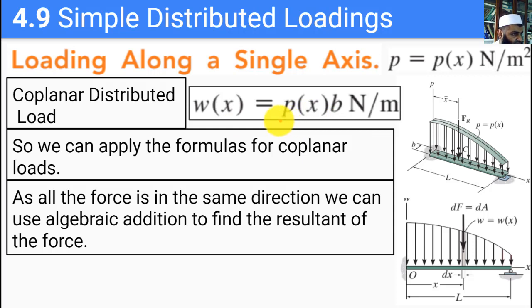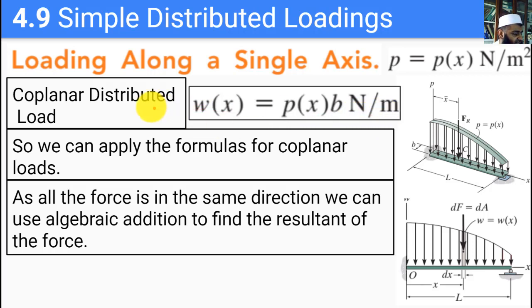P, remember, was the force per unit area, and then I multiply with the width of this beam, which was b, and now this function w is force per unit length. Previously the p function was force per unit area, but this w function is force per unit length. That is why it has the units of Newton per meter.